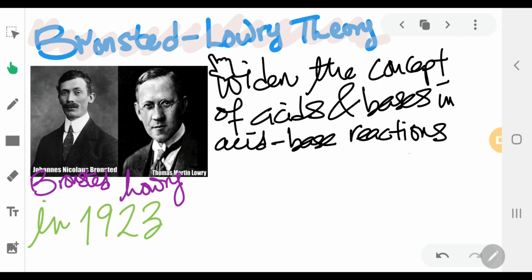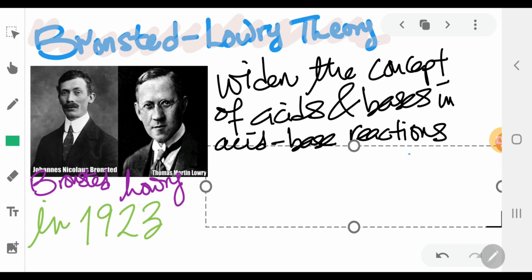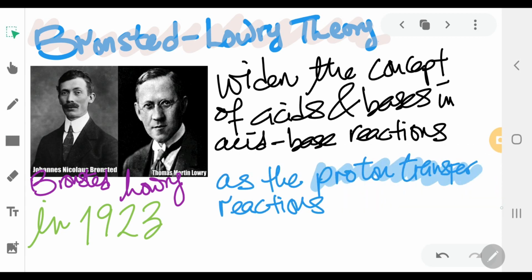So what happened here, Bronsted-Lowry in 1923, they widened the concept of acids and bases in the acid-base reactions. And how did they do that? So instead of only focusing on who will be donating H plus, who will be donating OH minus, they were focusing on the proton transfer between the acids and base.